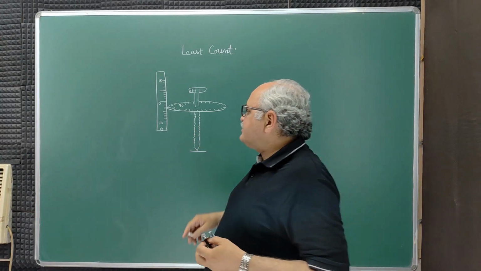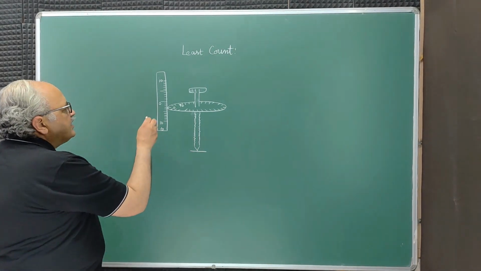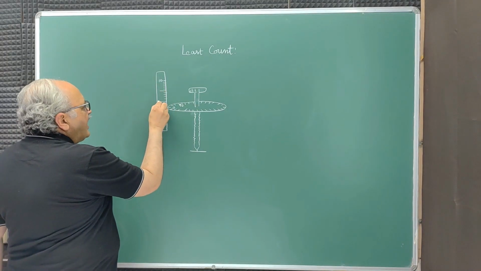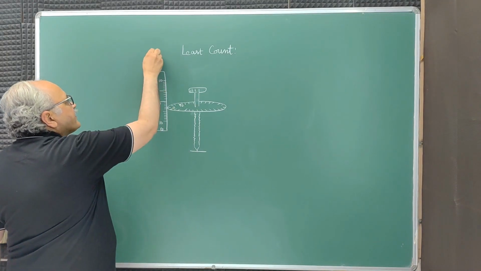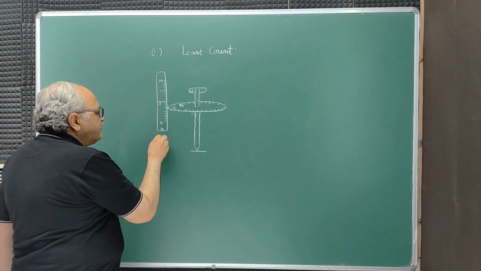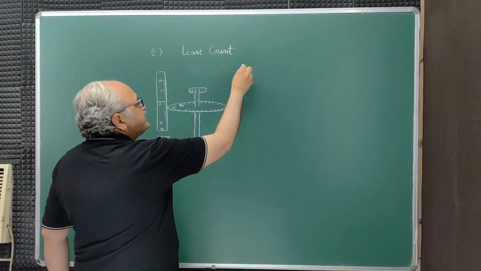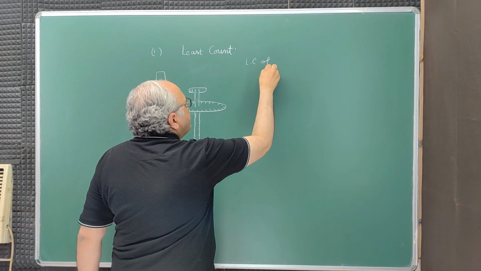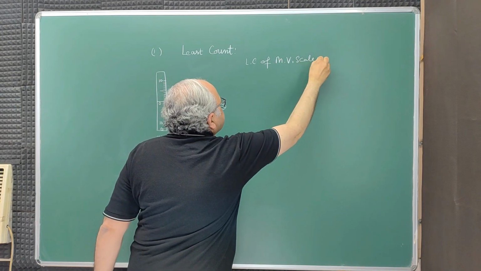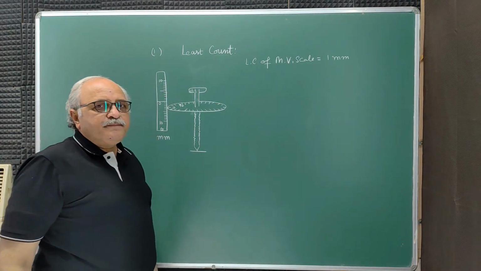Now if you look at this carefully, in the present spherometer which I have with me, there are 10 divisions on the lower side and 10 divisions on the upper side, and there is a zero mark here. These divisions are in millimeter. That means the least count of the main vertical scale is 1 millimeter.